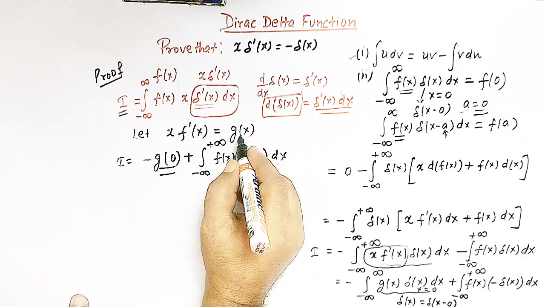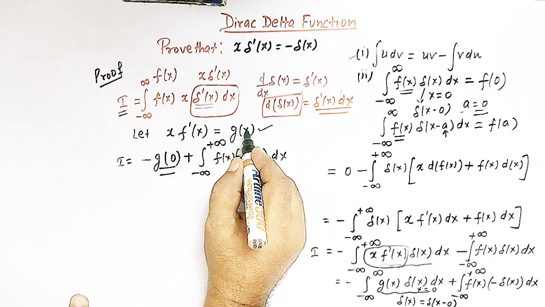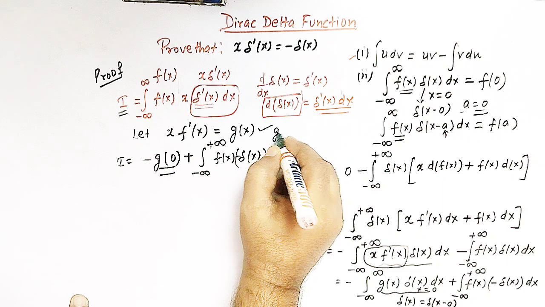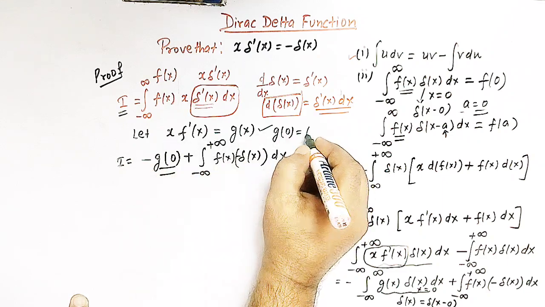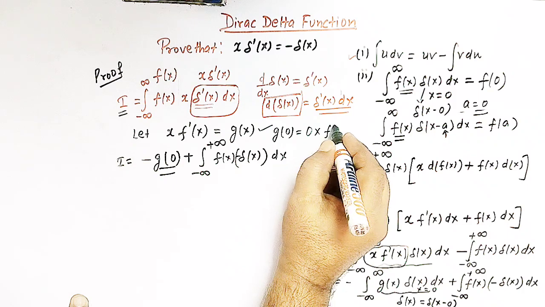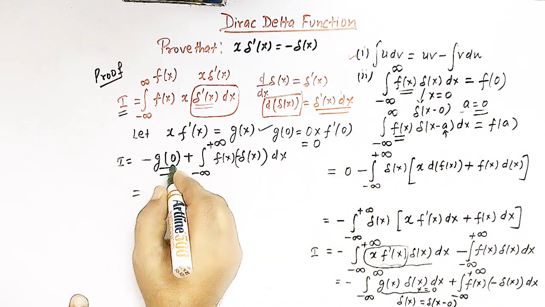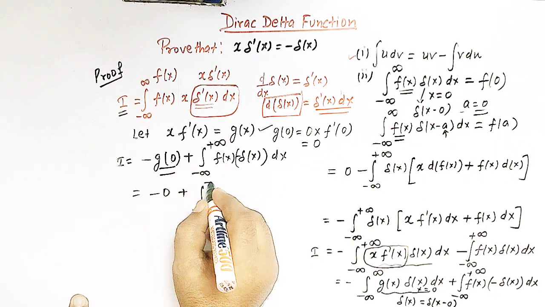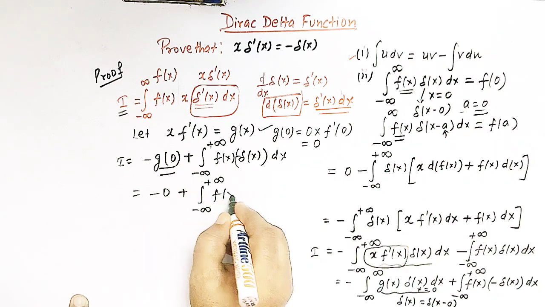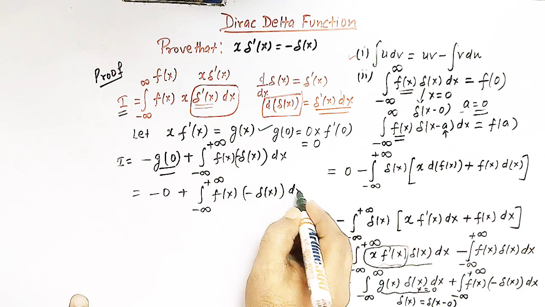Now g of 0 can be evaluated from this expression. When we take x equal to 0, g of 0 is equal to 0 multiplied with f prime of 0, so this is equal to 0. So now we have 0, and then the integral from minus infinity to plus infinity of f of x and minus delta of x dx.